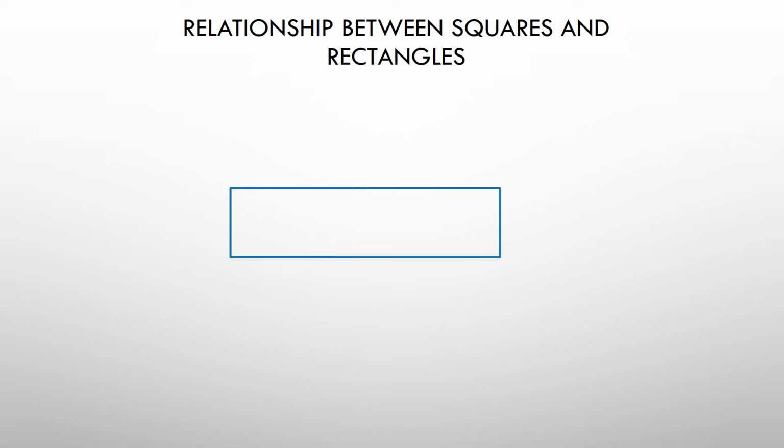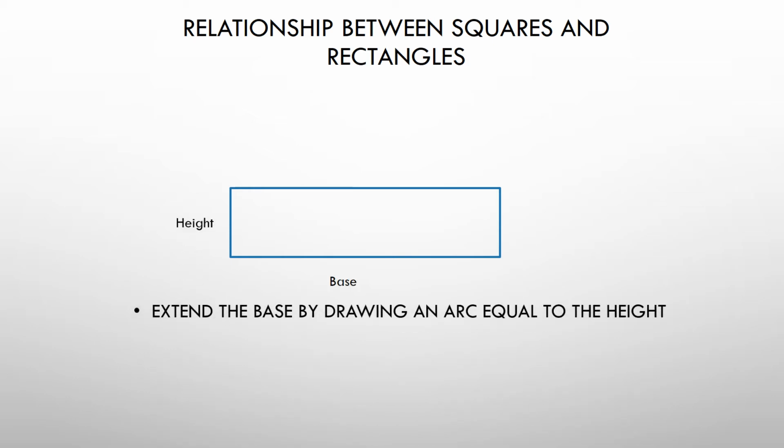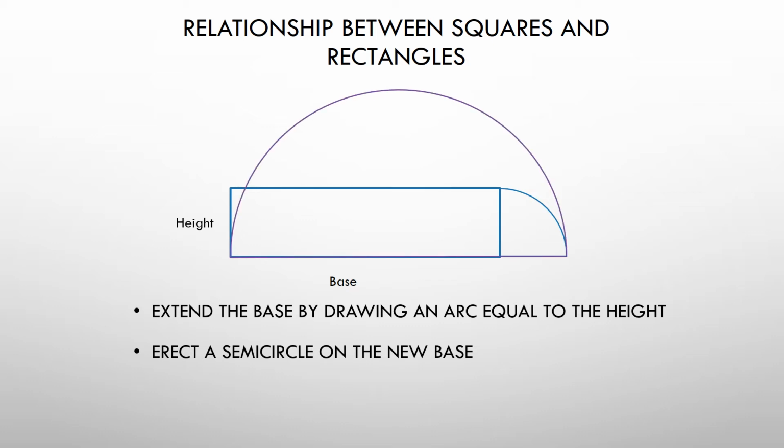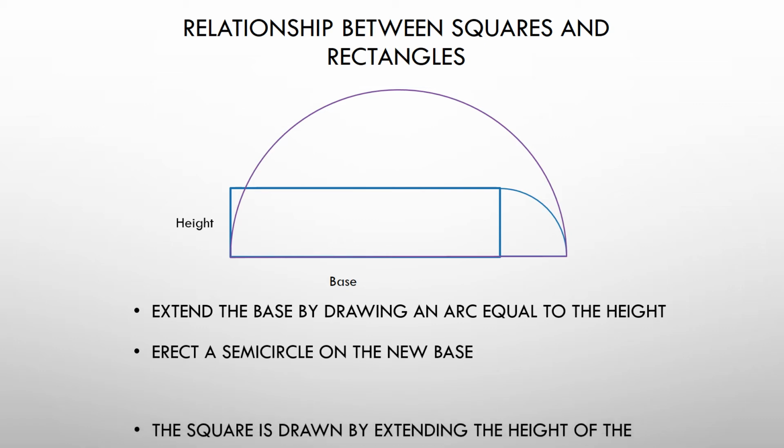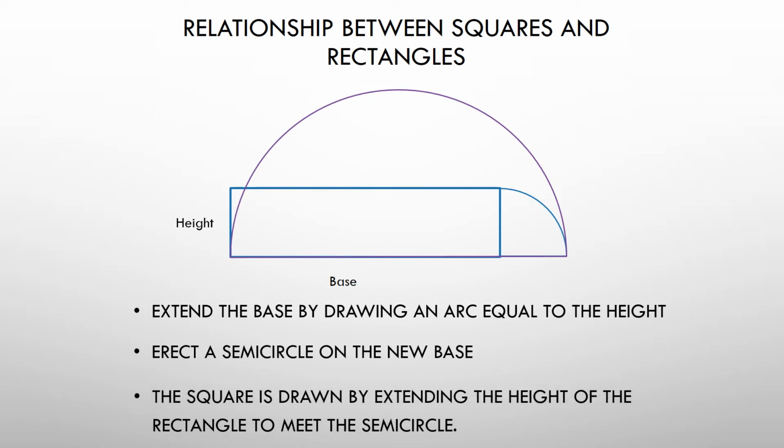If we have a rectangle with base and height, and we extend the base by drawing an arc equal to the height of the rectangle, and we erect a semicircle on the new base, a square could be drawn by extending the rectangle at the point that we drew the arc to touch the semicircle.